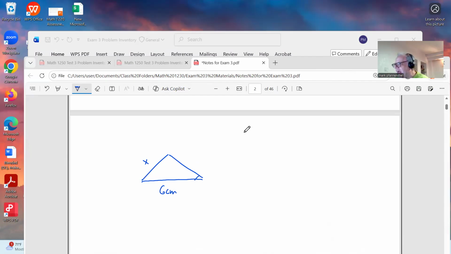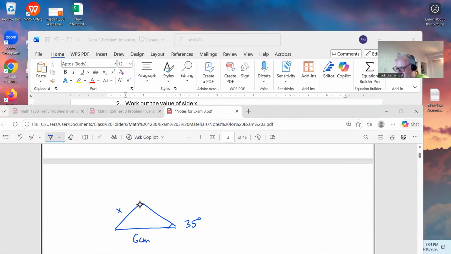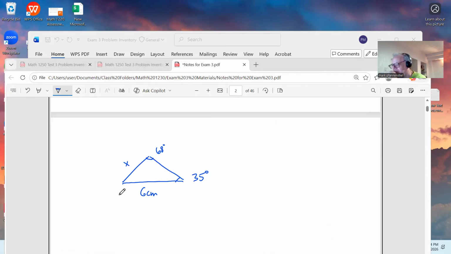We have a couple of angles: 35 degrees over here, and 68 degrees up here. I think those are the pieces we needed. We have it listed as ABC, but we don't really care about that.